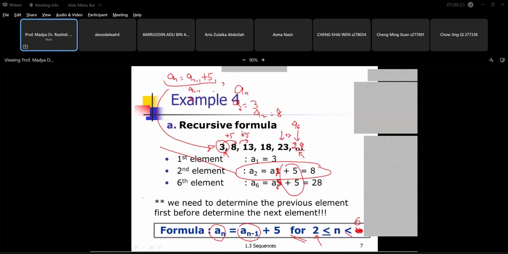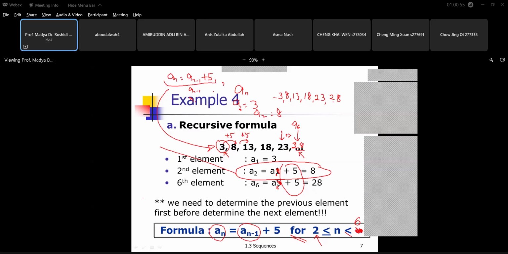Okay, now we still talk about recursive formula, but once I give you and so on, 3, 8, 13, 18, and 23, and we know the ending point 28. So how do we adjust the formula for this kind of case?